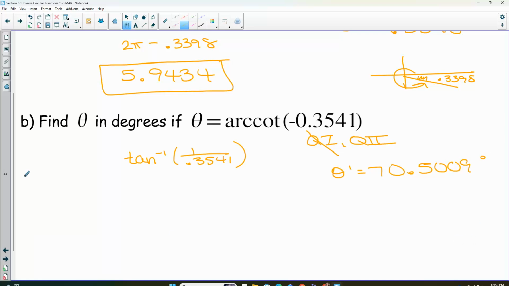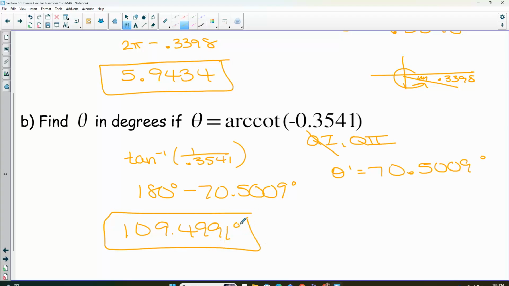So I get 70.5009. How would I put that in quadrant 2? Remember we went distance to the x-axis, so we'd have to do 180 minus that. And I get 109.4991 degrees.